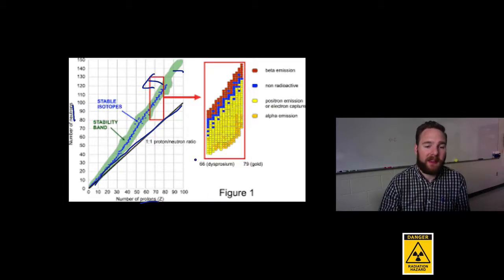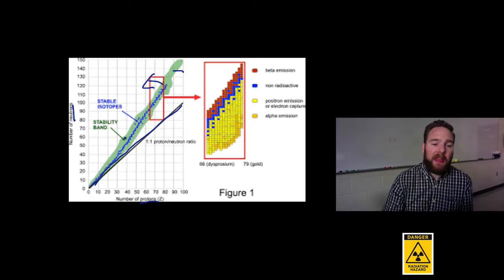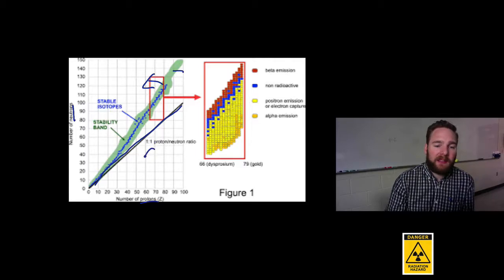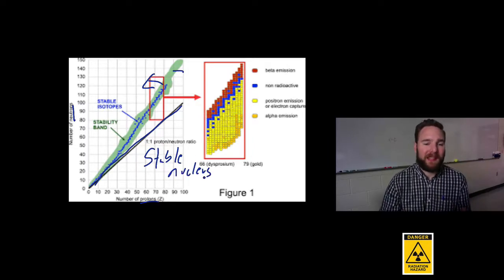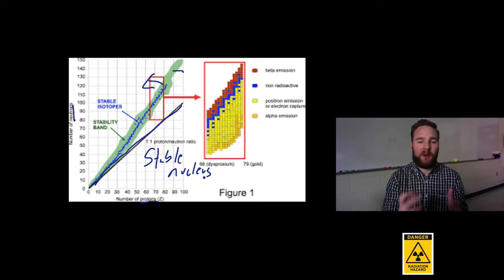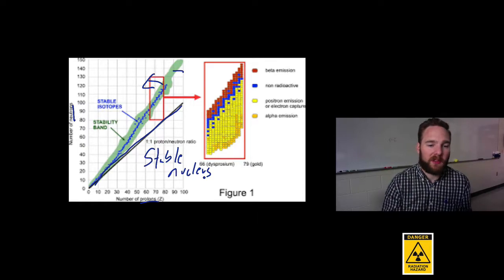So what this band tells me is, if it is within this band of stability, it's going to be a stable nucleus. And a stable nucleus is not going to rip apart, it's not going to decay, it's what we want. It has the perfect ratio of protons to neutrons.